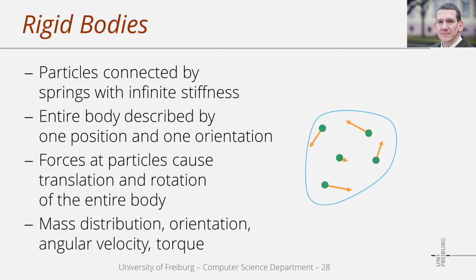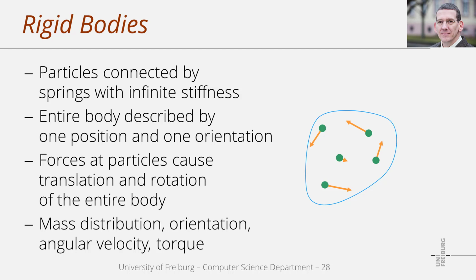That's why it does not make sense to compute the trajectories of the individual particles, but instead it's more appropriate to consider one representative position of the rigid body and the orientation of the rigid body. We still compute forces at the particles, but in a rigid body solver we accumulate these forces to update the position and the orientation of the entire rigid body. So forces change the linear and the so-called angular velocity of a rigid body.